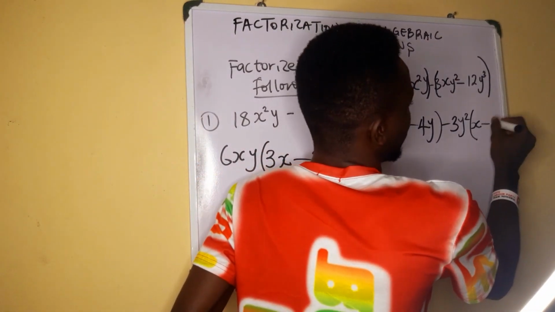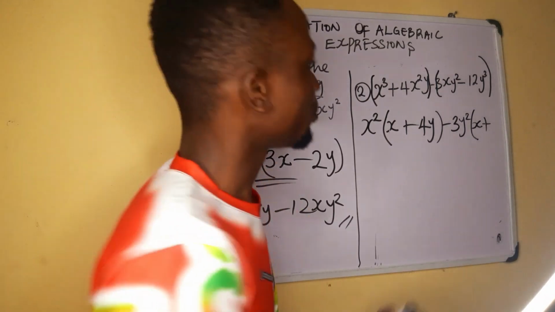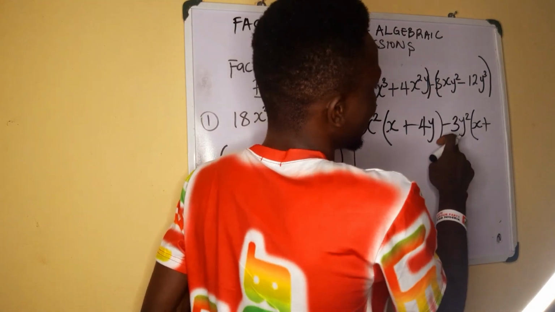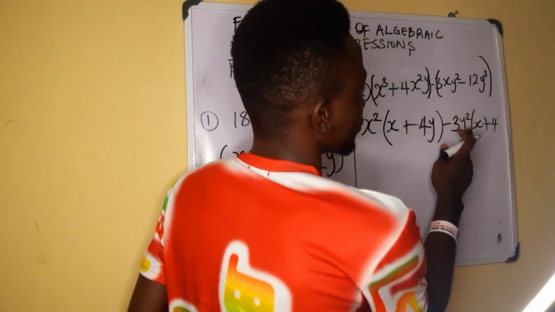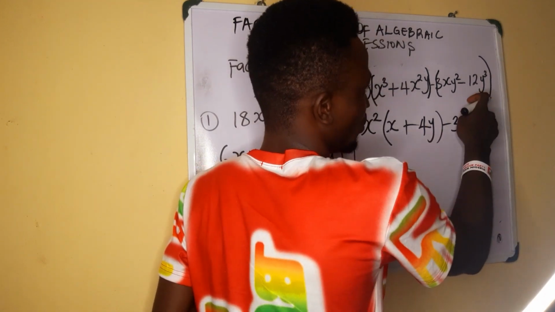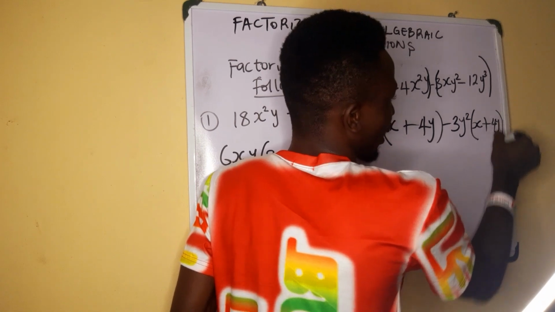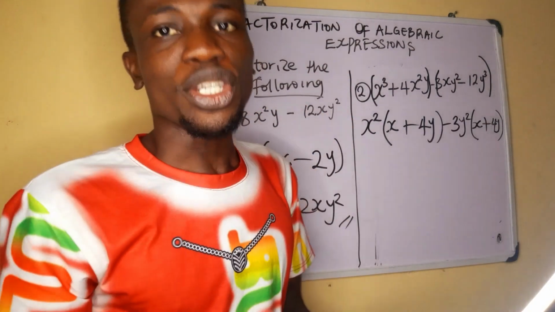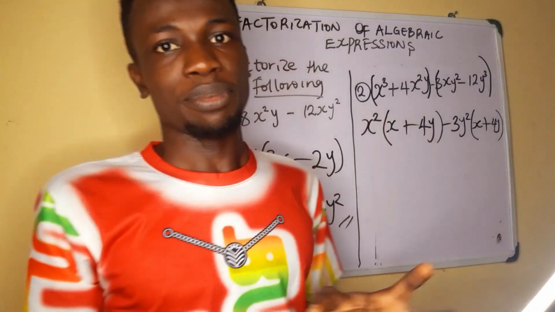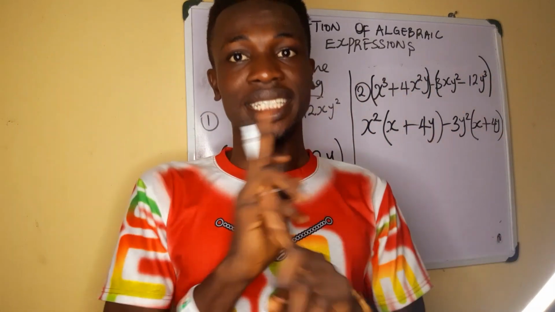Then I'll put my plus sign here. I'll tell you why I'm putting the plus sign. Then this 3 will divide 12, give me 4. Then y squared will divide y cubed to leave me with just y. Now why did I put plus here? Isn't there minus here? There is minus, but remember we are factorizing, we're putting inside bracket. The goal is you are not changing anything in the equation.